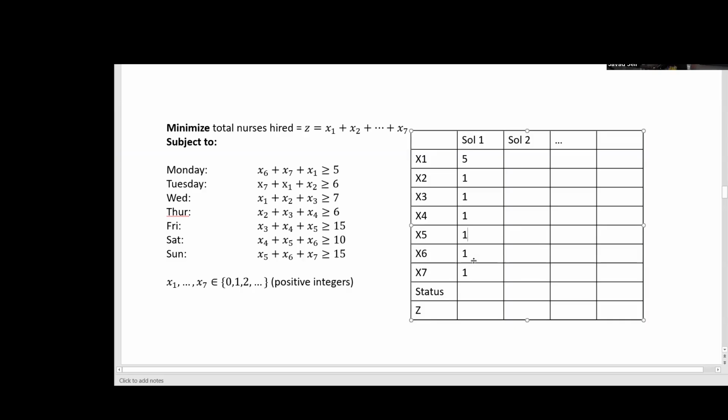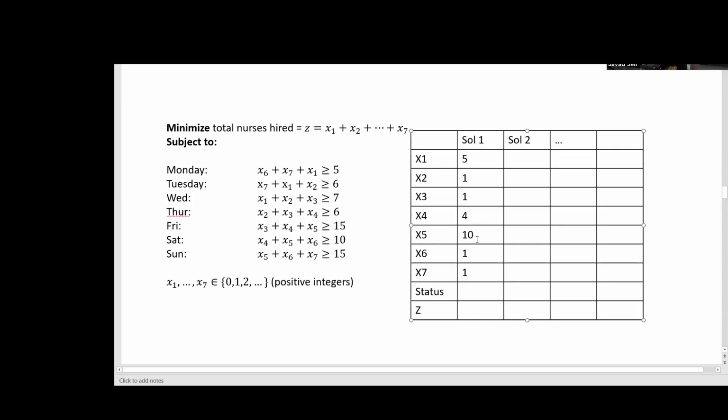So how about this? I hire 5 here, checks. This checks, this checks. Here, I only have 2 from the last 2 days. I have 2 and I need 6, so I hire 4 here. Then I look at Thursday, sorry, Friday. I have 5 from before. I need 15, so I hire 10 here.